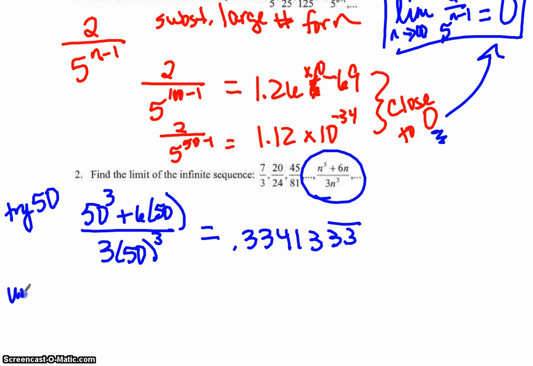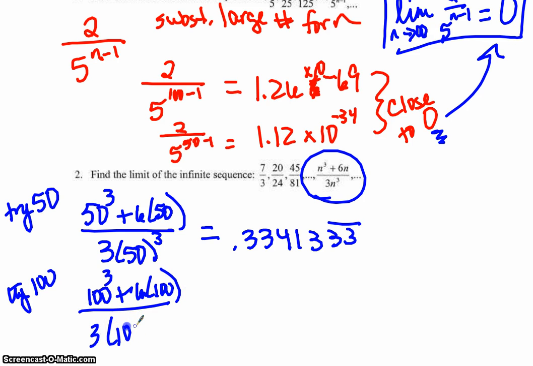So then let's try another big number. Let's go with 100. So it is going to be 100 to the third plus 6 times 100 all over 3 times 100 to the third.